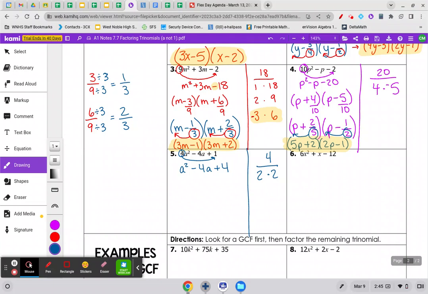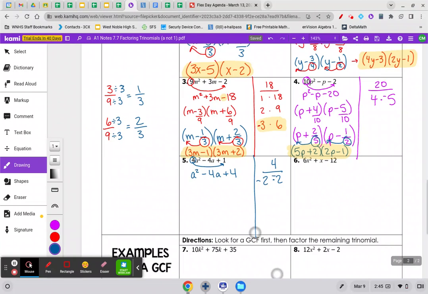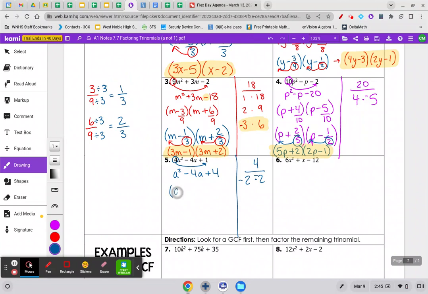They will both have to be negative to get a negative 4 when adding and be able to multiply to get a positive 4. So I get a minus 2, a minus 2. I need to slide my 4 back under and reduce. 2 over 4 reduces to 1 over 2.